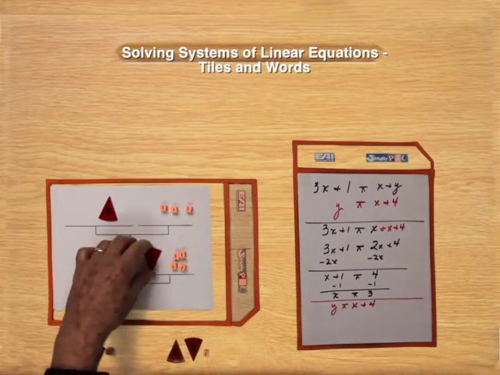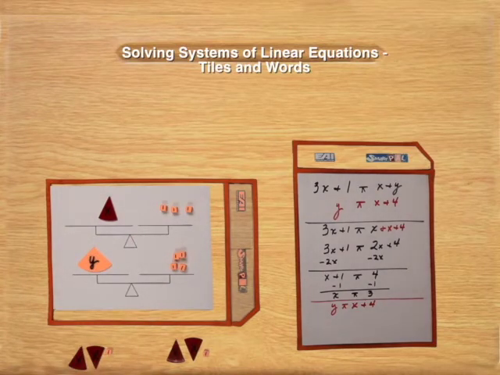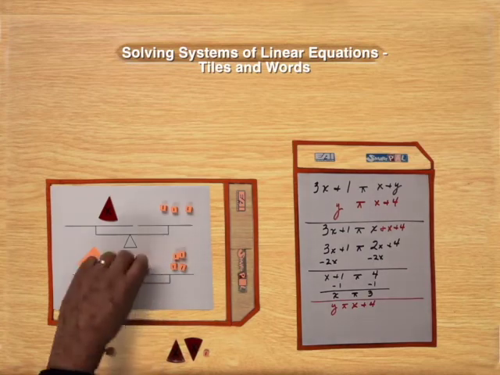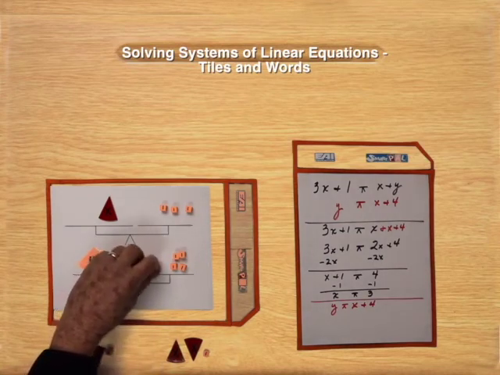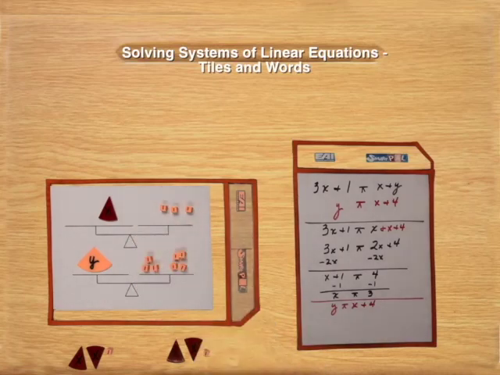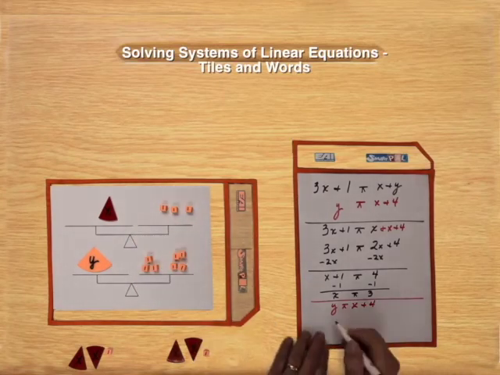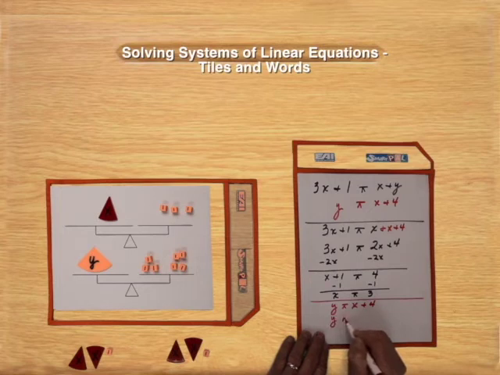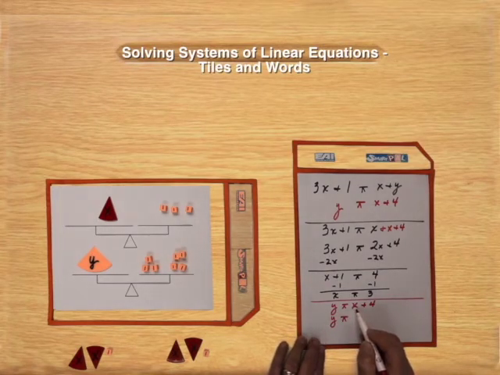So what we can do is we can take out this x and substitute for that x 3 ones. And let's record that.